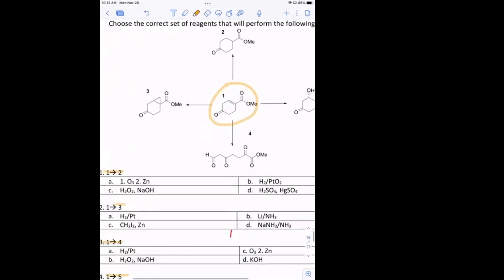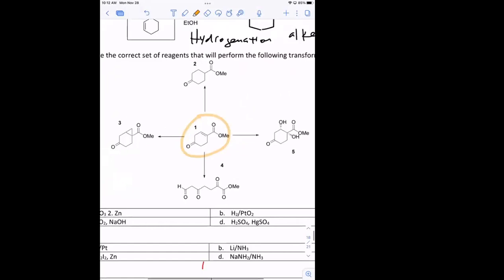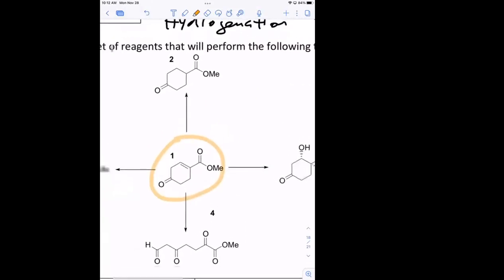So let's look at 1 to 2. What type of reaction is that? First of all, what happened going from 1 to 2? The double bond is removed. The double bond is gone, and there are no other functional groups there. I didn't add a halogen or an OH group or anything like that.